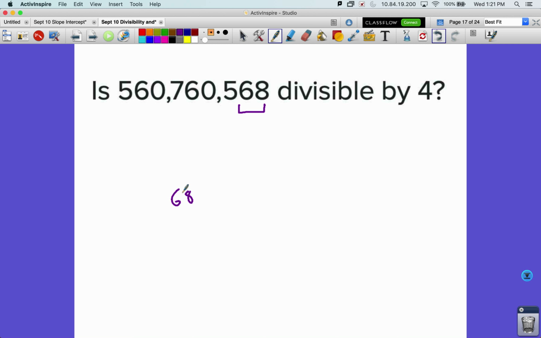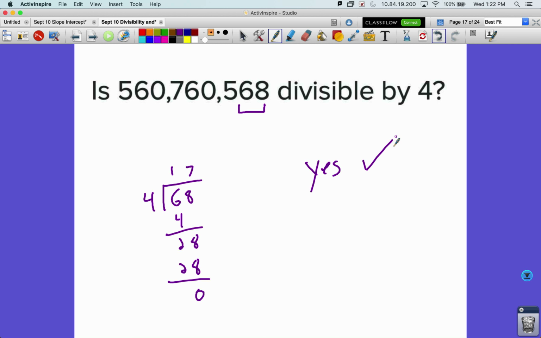And we can do this long form if we want. 4 fits into 6 one time. 4 fits into 28 7 times with no remainder. So this is a yes, because we got no remainder there. And we only have to check the last 2 digits.